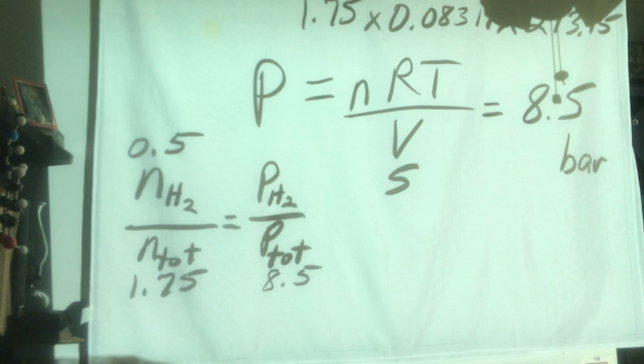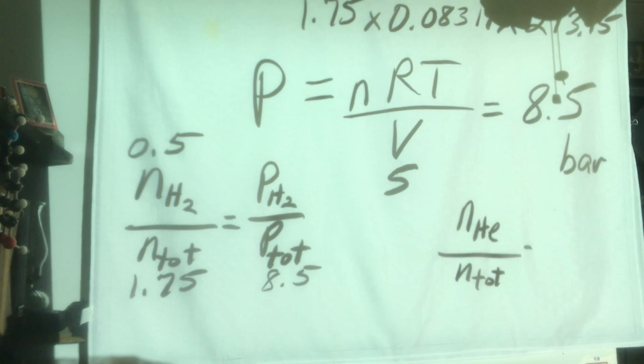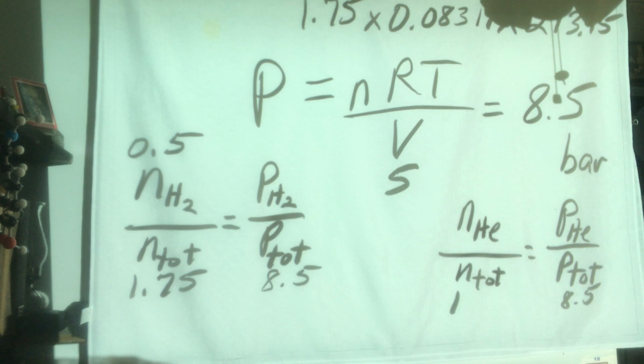Then we're going to take the number of moles of helium gas divided by the moles total, and that will equal the partial pressure of helium gas divided by the pressure total, being 8.5, the moles total being 1.75, and the moles of helium being 1.25.